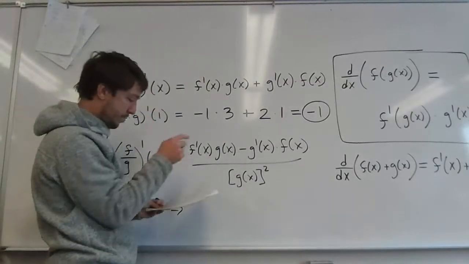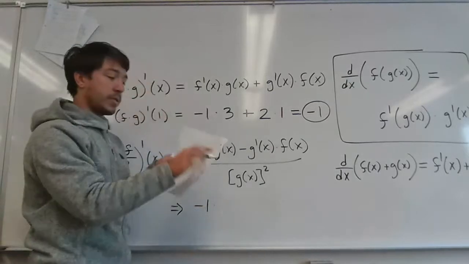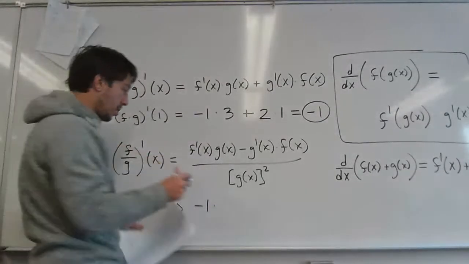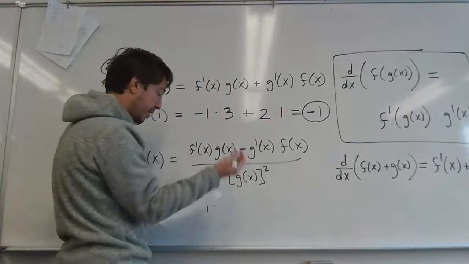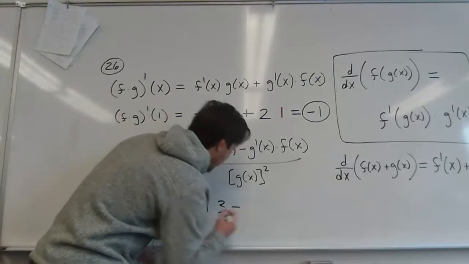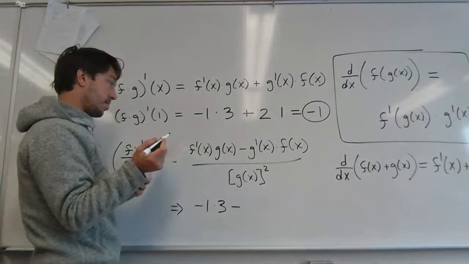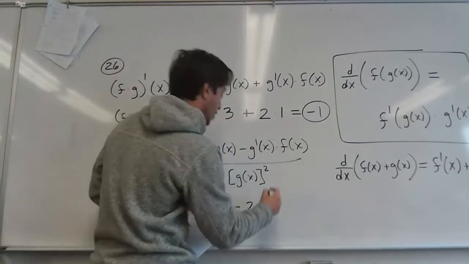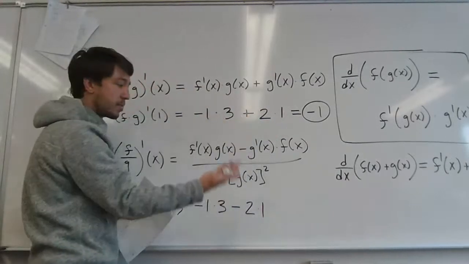F prime of 1 is -1. We're just doing the second one, getting the F over G prime. So it'd be -1 times, same numbers pretty much, G of 1 was 3. So -1 times 3 minus 2 times 1. Same values from before, just now it's a minus instead of a plus.